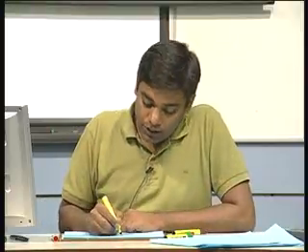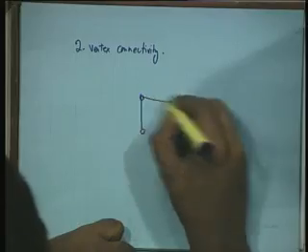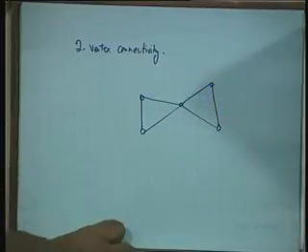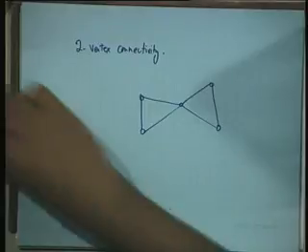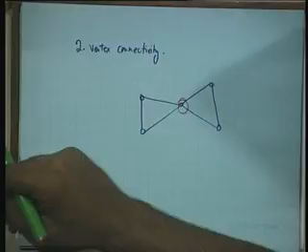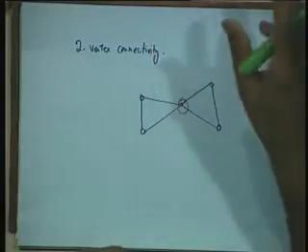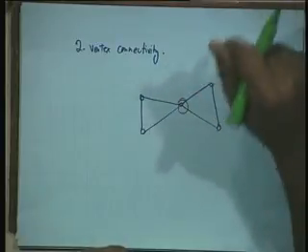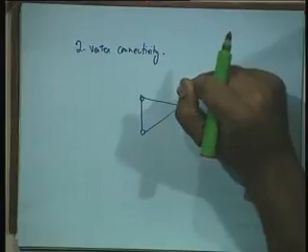So, for instance, this would be an example of a graph. Is this two vertex connected? No. Why? Because if I remove this vertex, it becomes disconnected. When I remove a vertex, I also remove the edges incident to that vertex, clearly. It becomes disconnected. But this is a two edge connected graph.